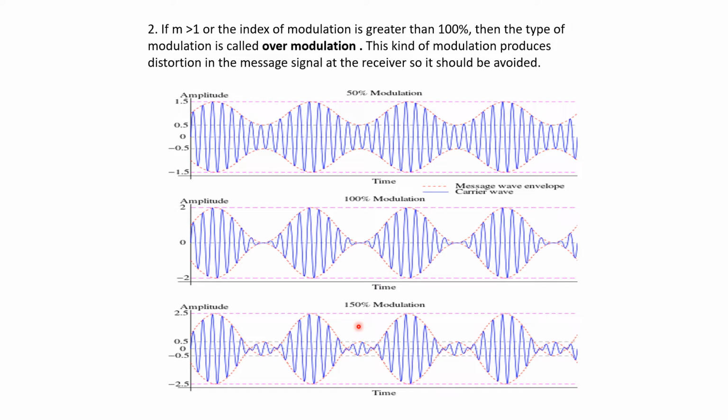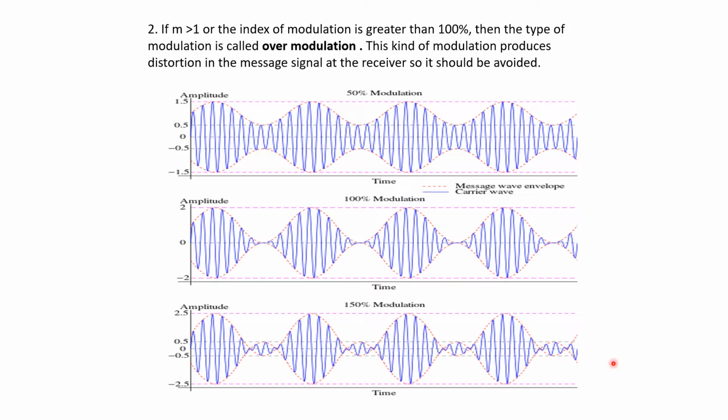When we are dealing with over modulation, then the signal which will be retrieved at the receiving end, or which will be received at the receiver, will be a distorted signal.